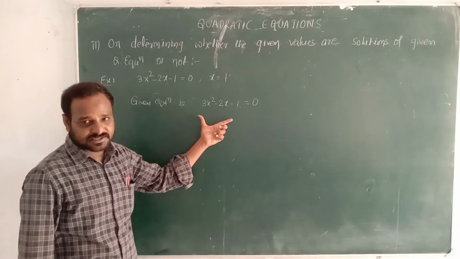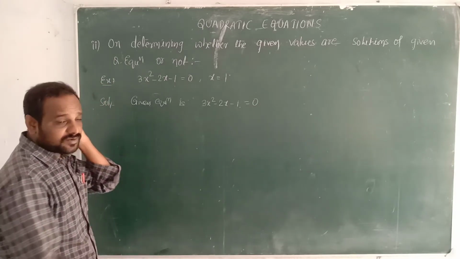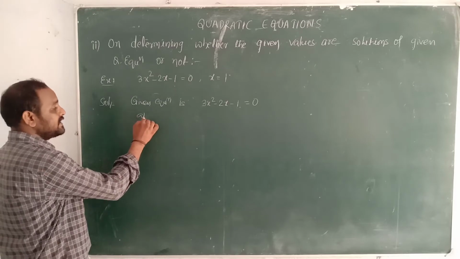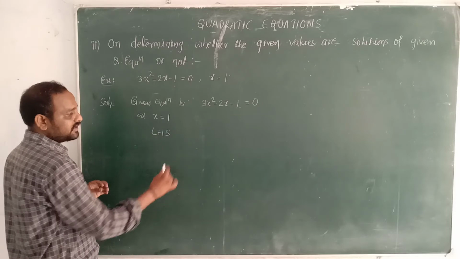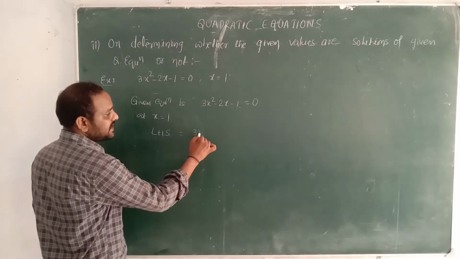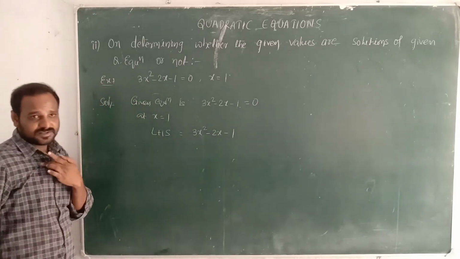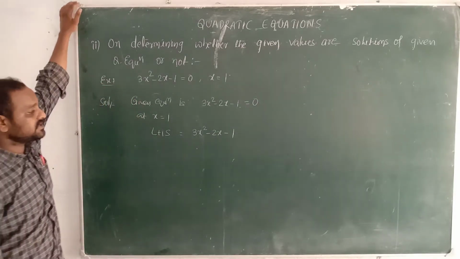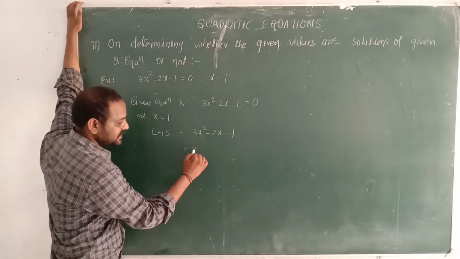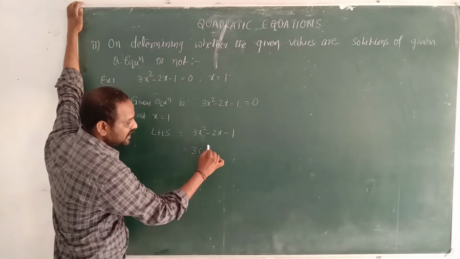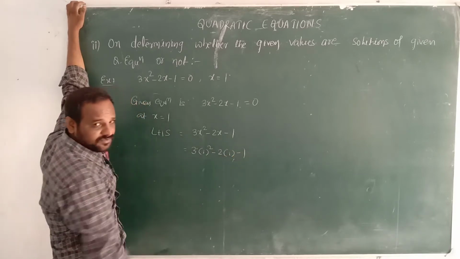Now we substitute 1 instead of x: 3 into 1 square minus 2 into 1 minus 1.